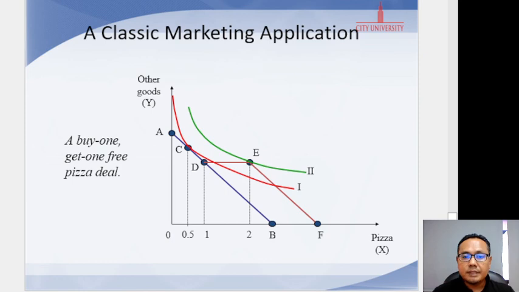If the consumer wants to consume more than 2 large pizzas, she must buy them at regular prices. But note that if she spends all of her income on pizza, she could buy one more than she could before, since one of the pizzas is free. So for pizza in excess of 2 units, the budget constraint is the line connecting E and F.